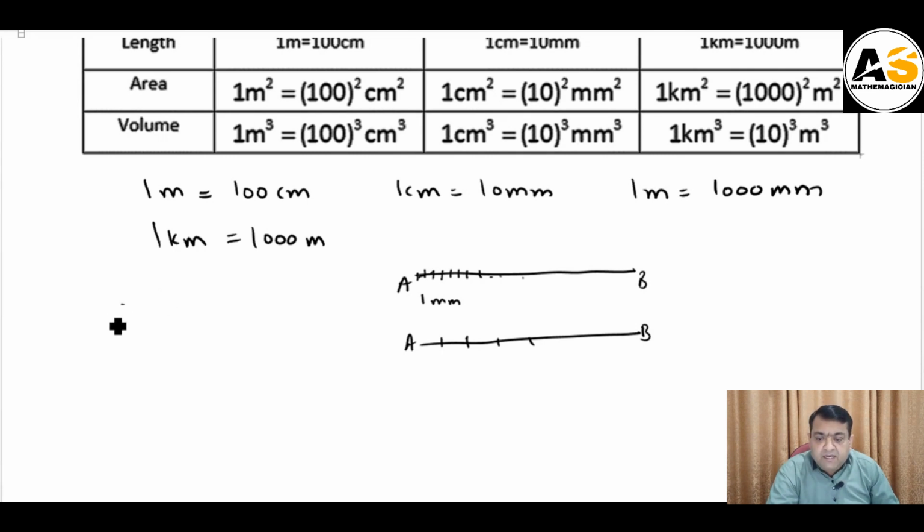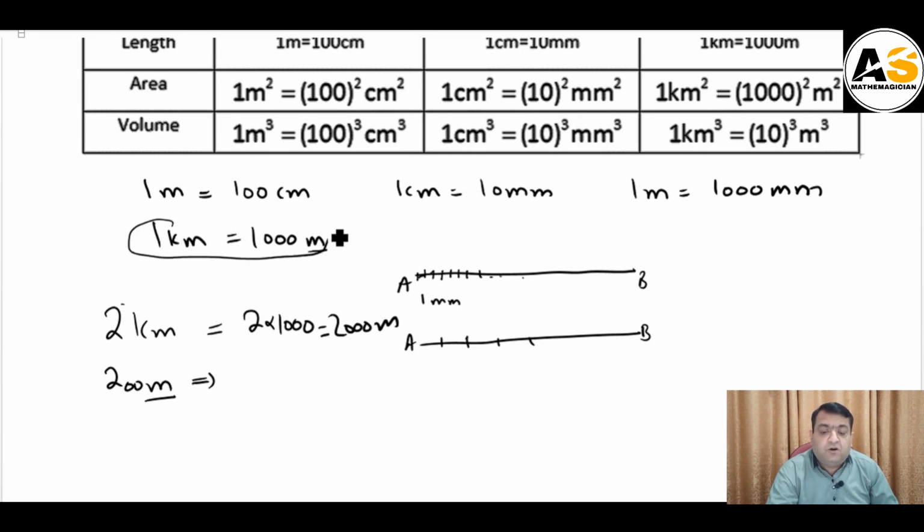For example, if I have 2 kilometers and I want to know how many meters these are, for kilometer to meter conversion, we will multiply 2 with 1000 and it will be 2000 meters. And if I need to convert 200 meters into kilometers, meter is the smaller unit, kilometer is the larger unit.